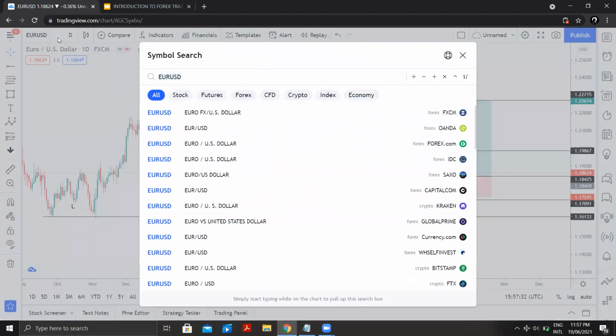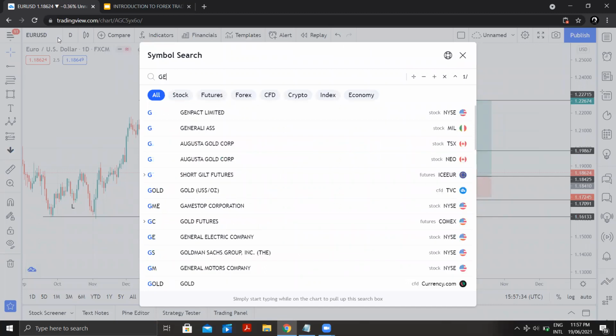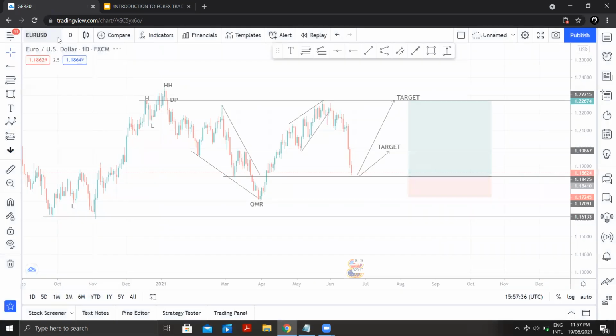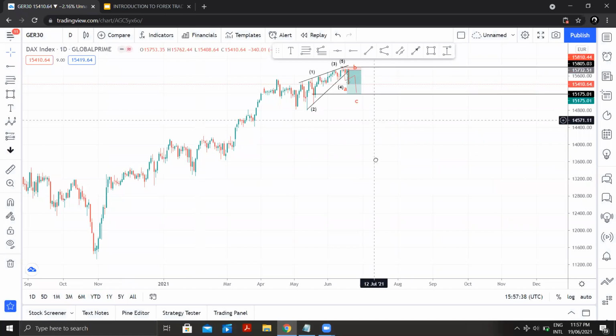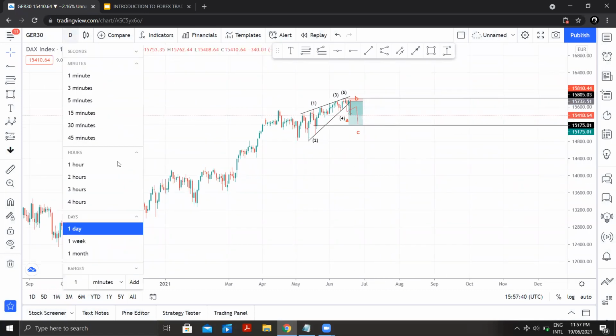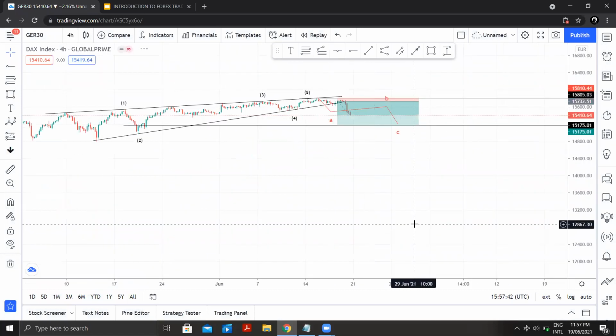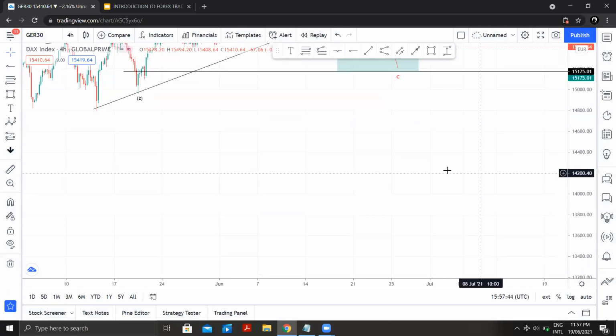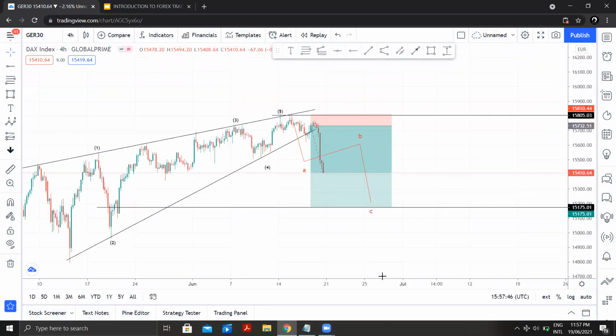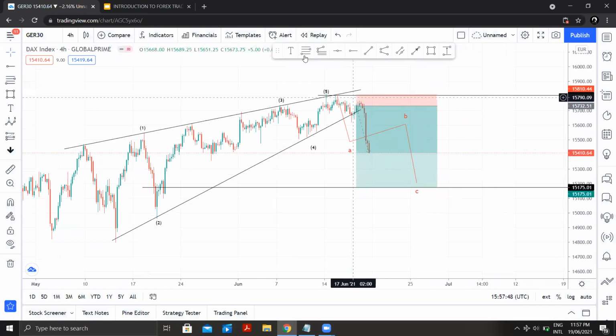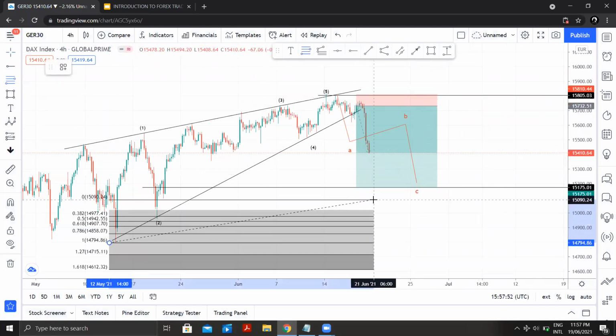And also for German 30, next week I expect a retracement going to H4. This is the retracement, 0.18, which I said would happen, and price is already doing it. So what do we expect now? Let's just check.